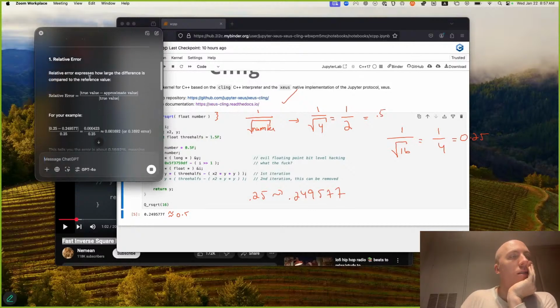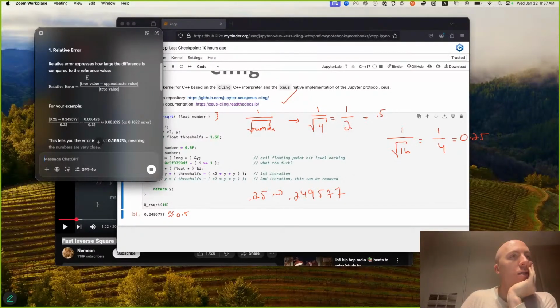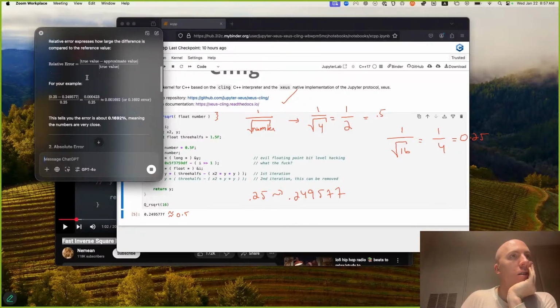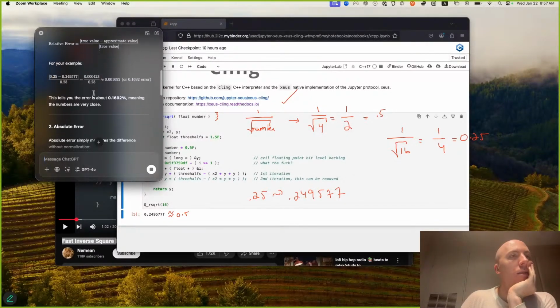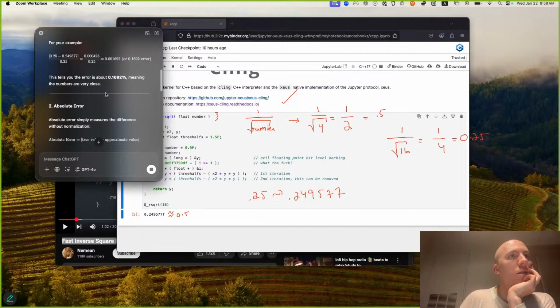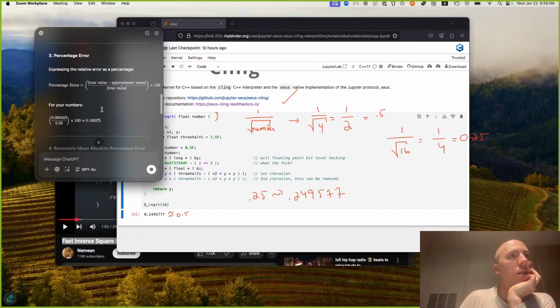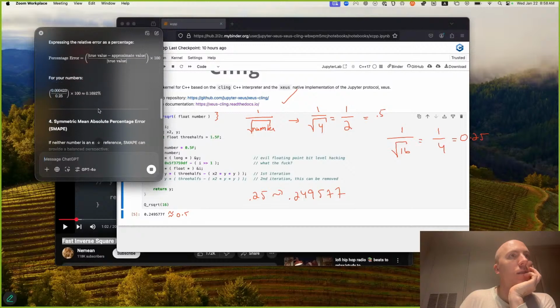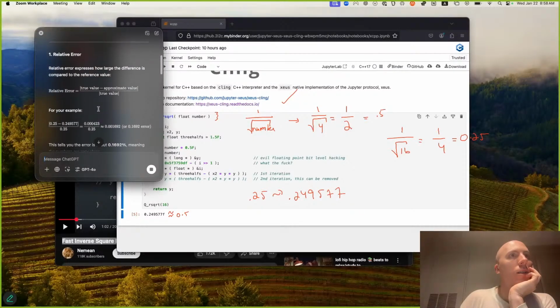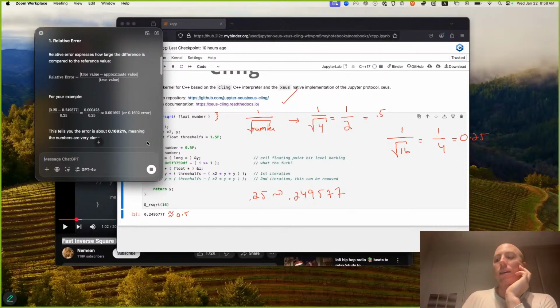How large the difference is compared to the reference value. The error is about 0.1692. Let's see what this actually means, though.